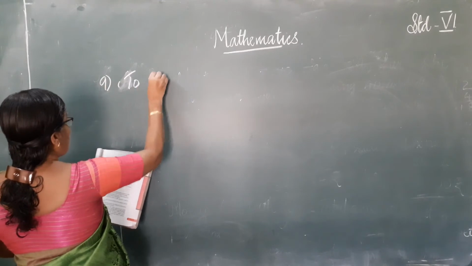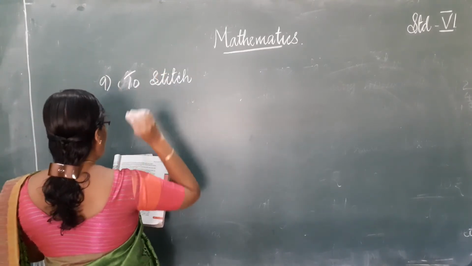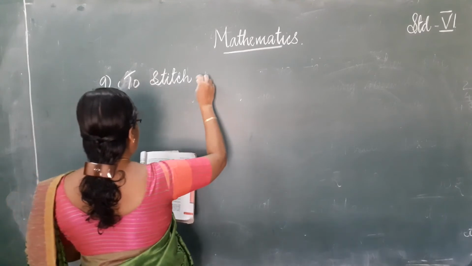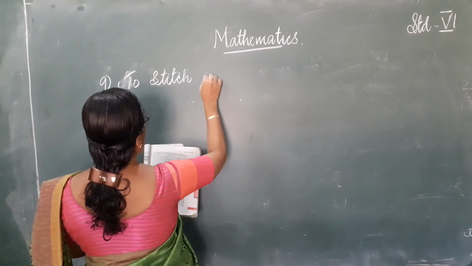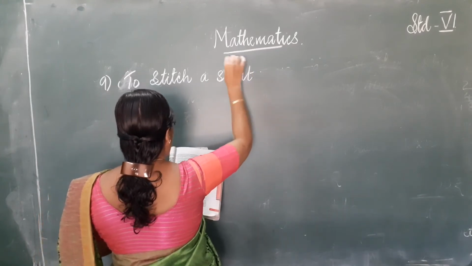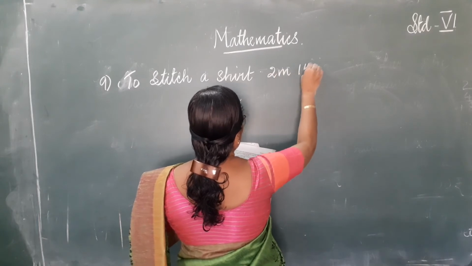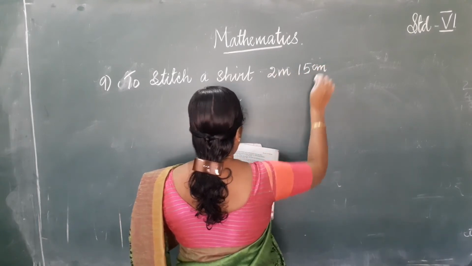To stitch a shirt, 2 meter 15 centimeter cloth is needed.